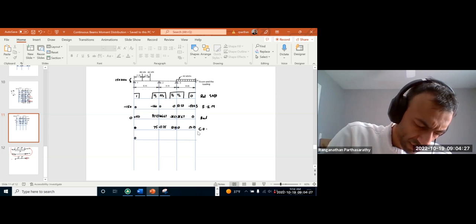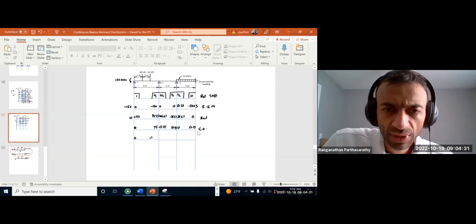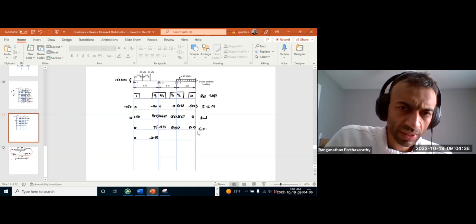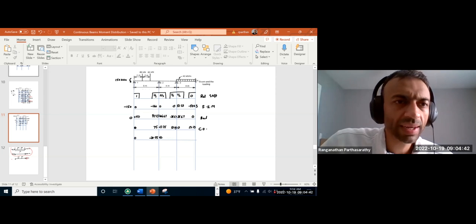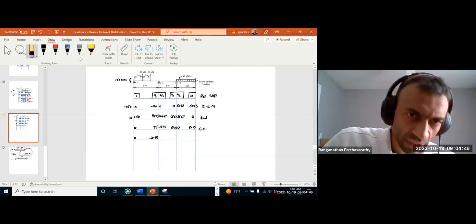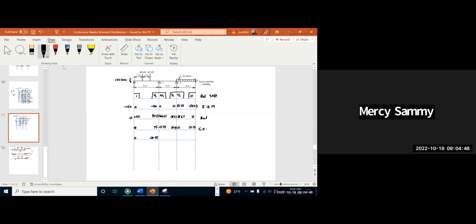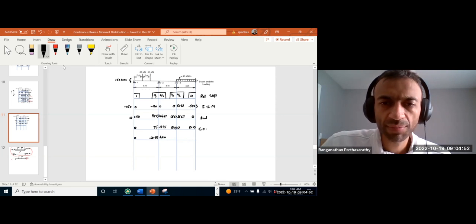1/3 of that to the left, 20.55. Yes, so negative 20.55 to the left. And to the right, negative 41.1. Okay, negative 41. Okay.